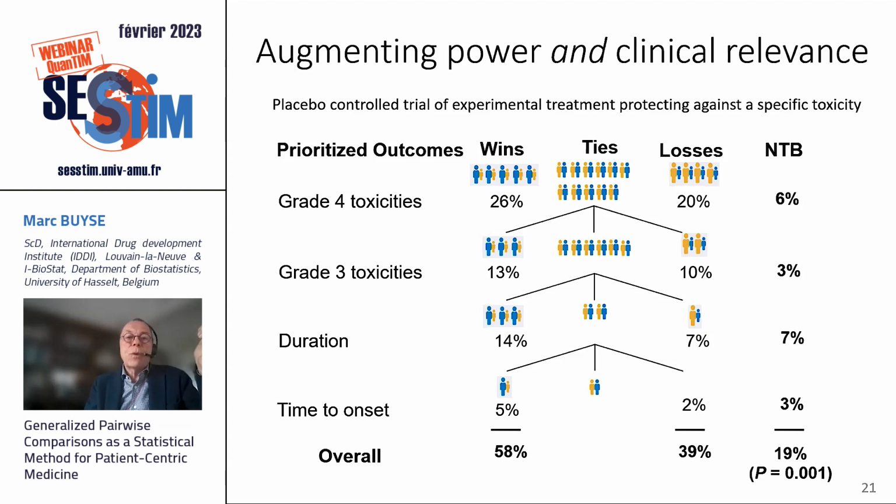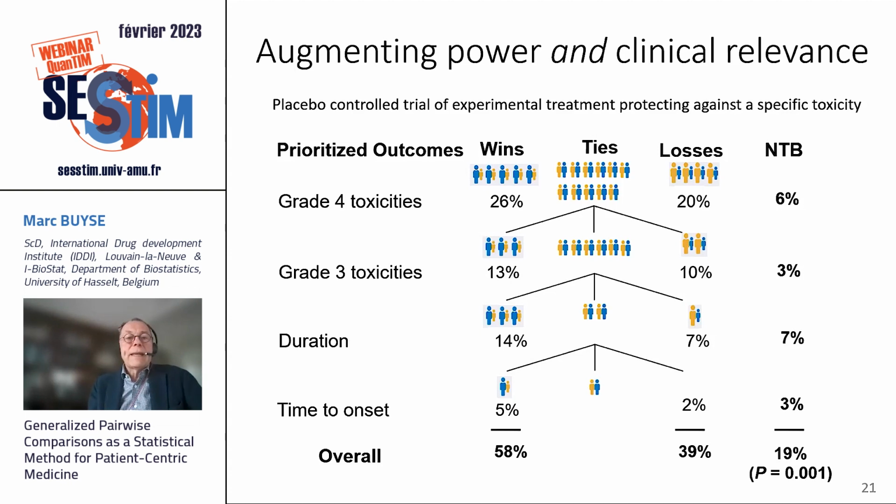In other words, patients who have a grade 4 in the control arm but not in the treatment arm, these are the wins. Patients who got a grade 4 in the treatment arm but not in the control, these are the losses. The difference between these two, 6%, is the net treatment benefit on that outcome. In other words, it's the proportion of patients who did better on treatment than control. It's in fact simply the difference between the proportions of grade 4 in the treatment arm minus the control.